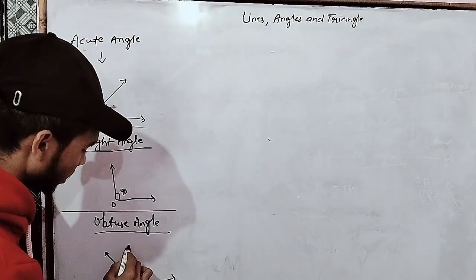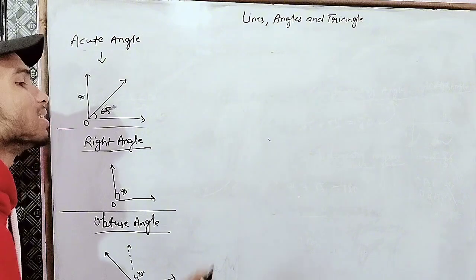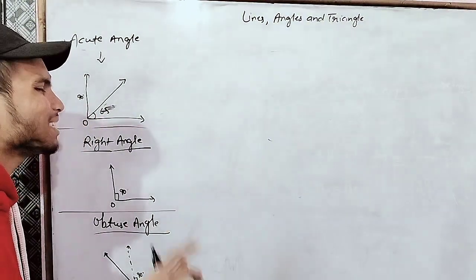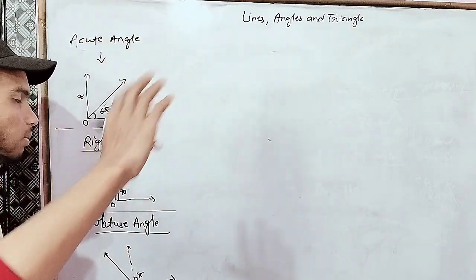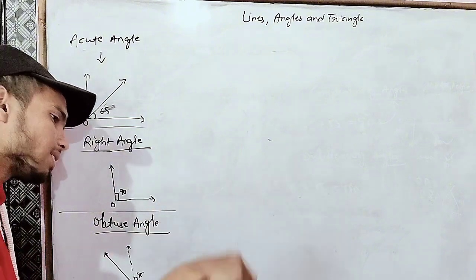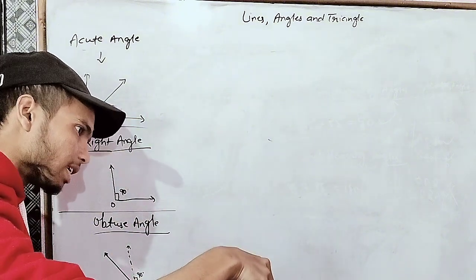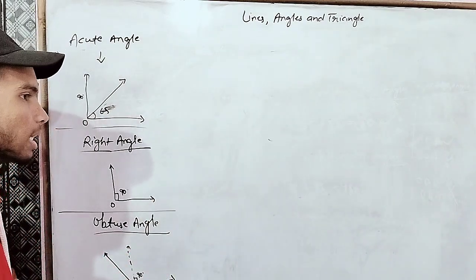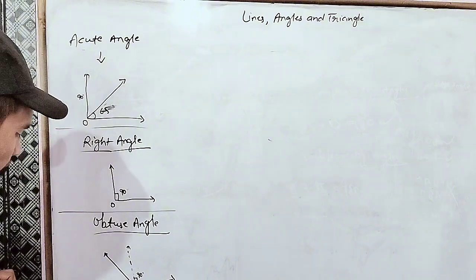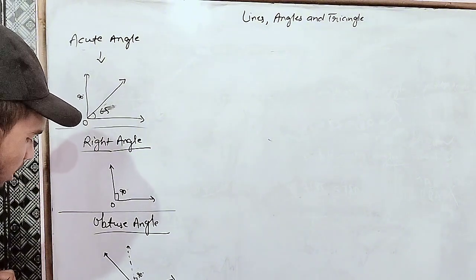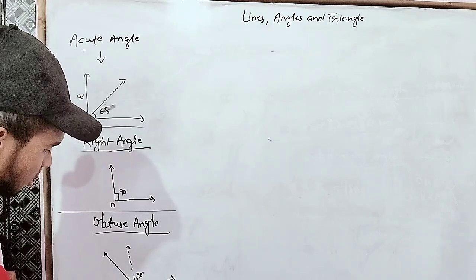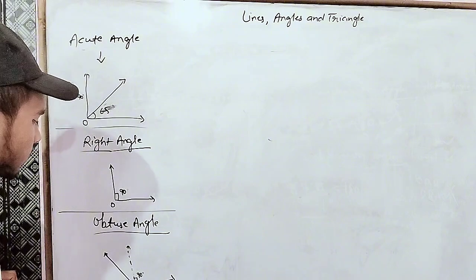We don't know the exact value of the angle, but we are saying that the value is something greater than 90 degree. That's why this type of angle will be considered as an obtuse angle. Clear? Obtuse angle.